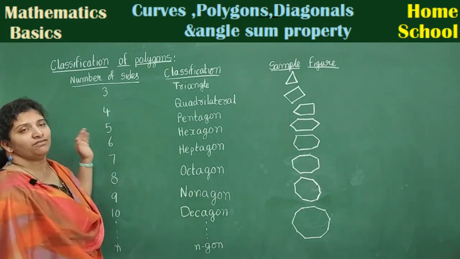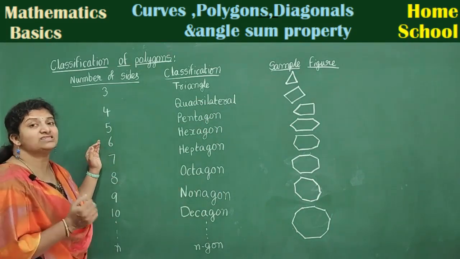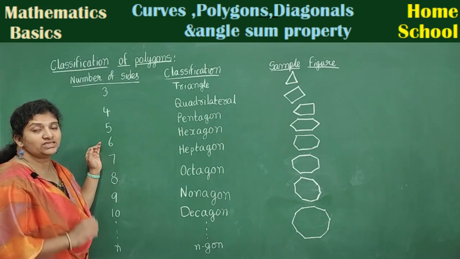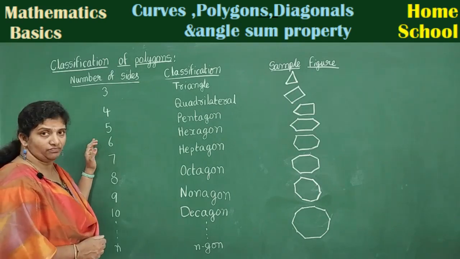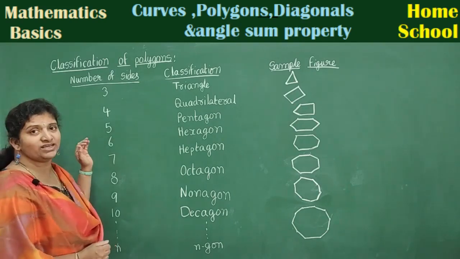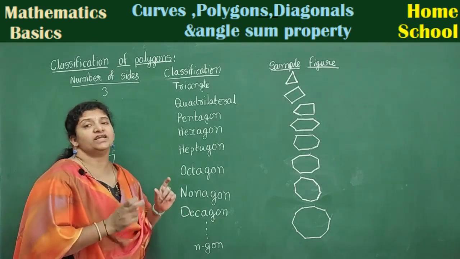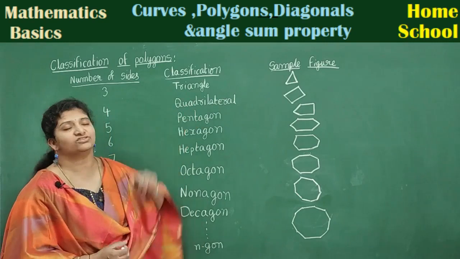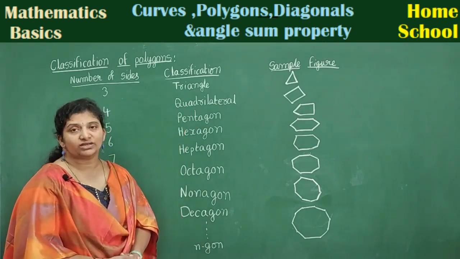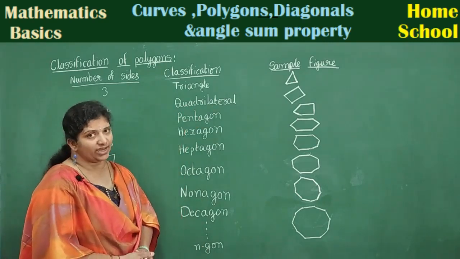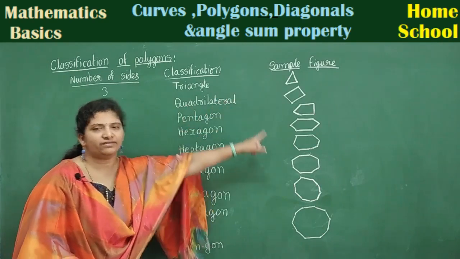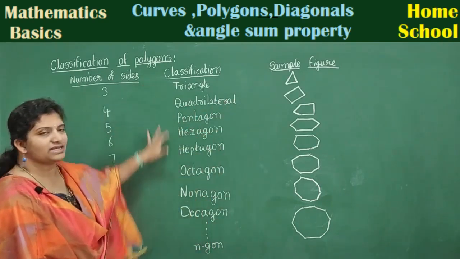If you have 3 sides, which type of figure can you draw? If you have 3 sides, 3 line segments, if it is joined, you get a triangle. Sample figures you can see here.